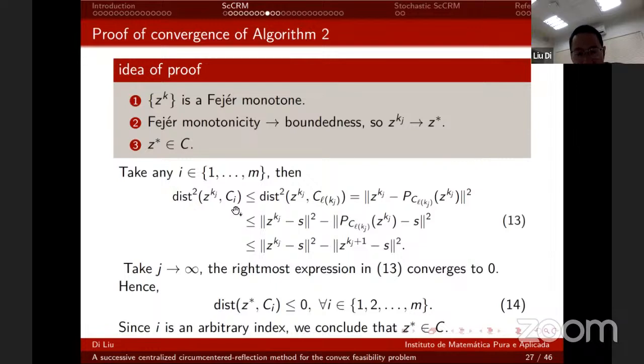So we get this inequality, and then we take j approaches infinity, so we can see that the distance of this star and the set C_i is less than or equal to 0. And for each i from 1 to m, so we conclude that this star belongs to the intersection. So this is the convergence of the second algorithm.